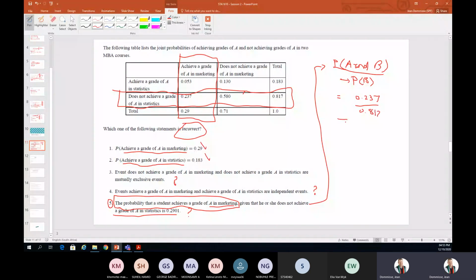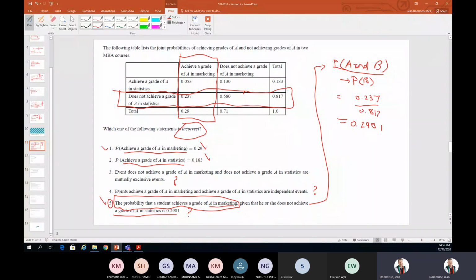So if we divide those two by one another, 0.237 divided by 0.817 gives us 0.2901.